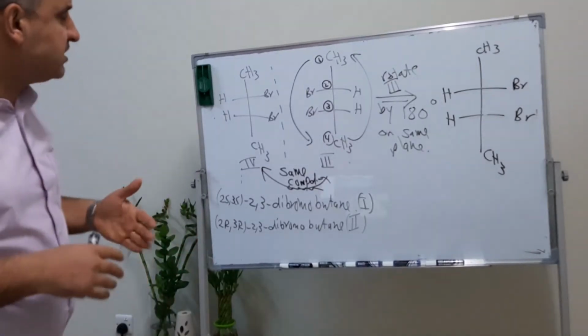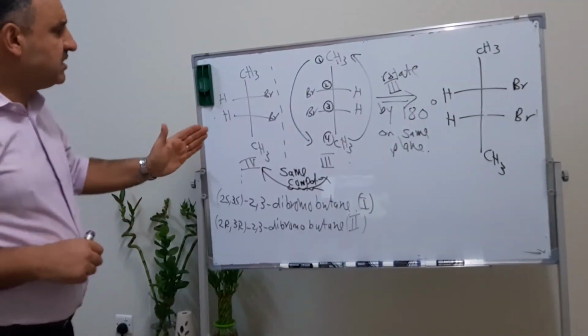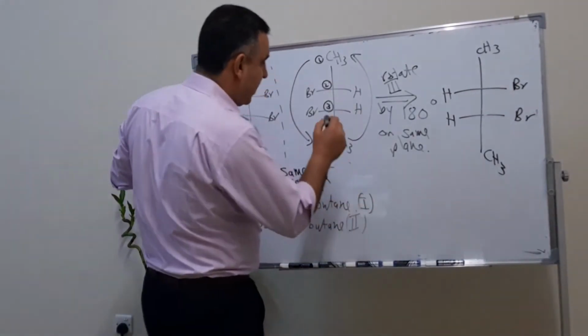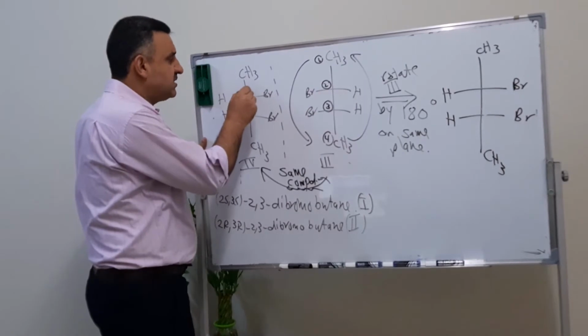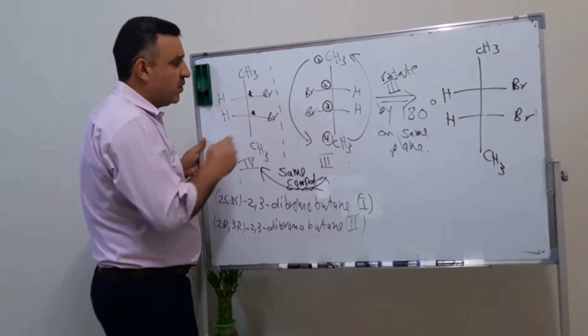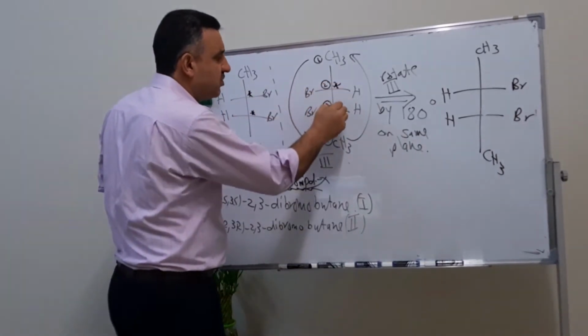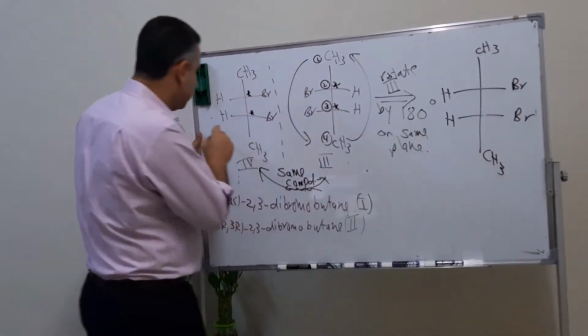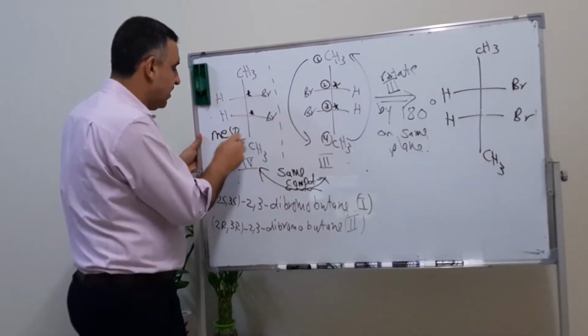All right. So in this case, this type of compound, check again, has actually two stereocenters. Now, this compound we call a meso compound.